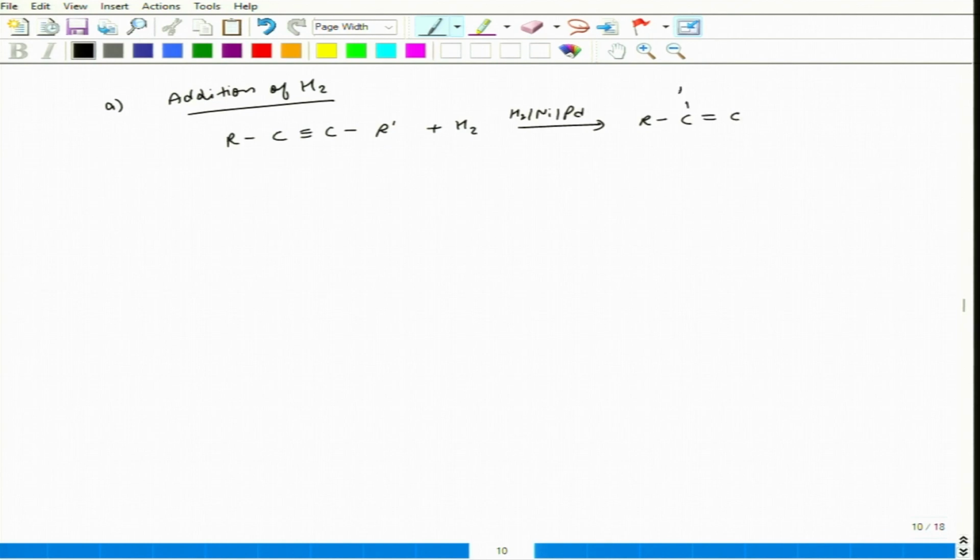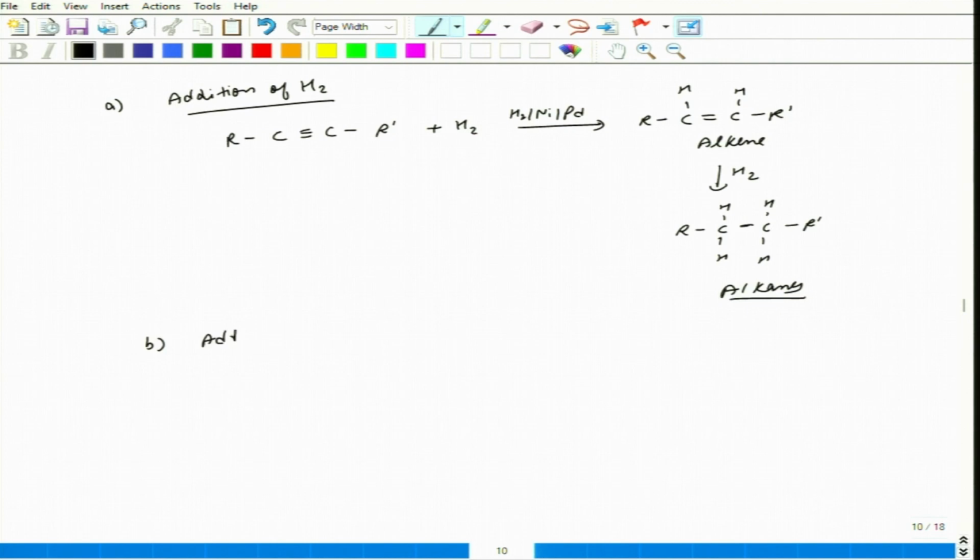One H will go here, one H will go there, and it will form the alkene. If the reaction continues, meaning the hydrogen is added in excess, the alkene can further undergo the addition reaction and it will give the alkane. So, this is the addition of hydrogen, that is the hydrogenation reaction.